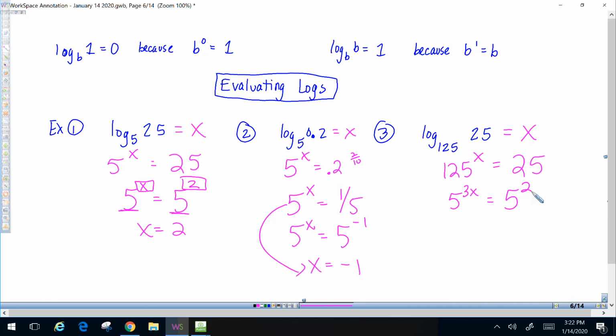So, for these two to be equivalent, this exponent must equal that exponent. So 3x must equal 2. So we would divide by 3 and get x equals 2/3.